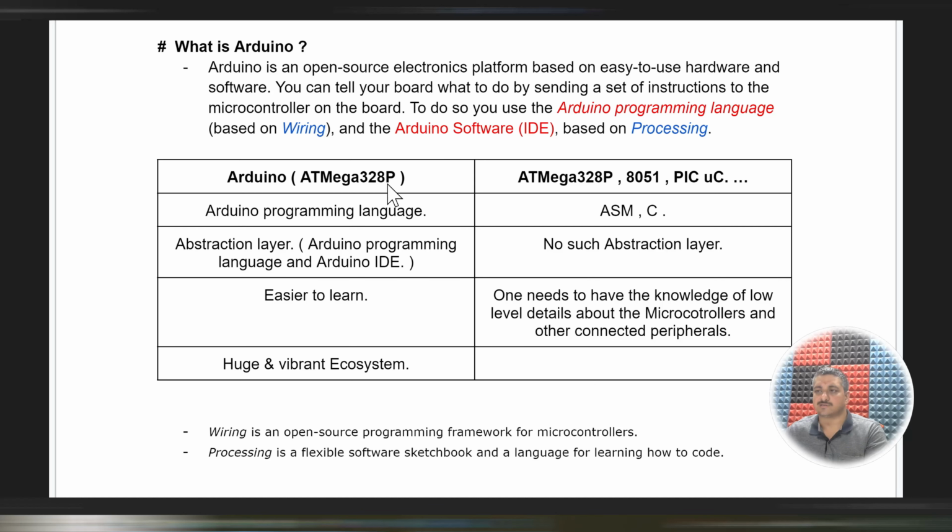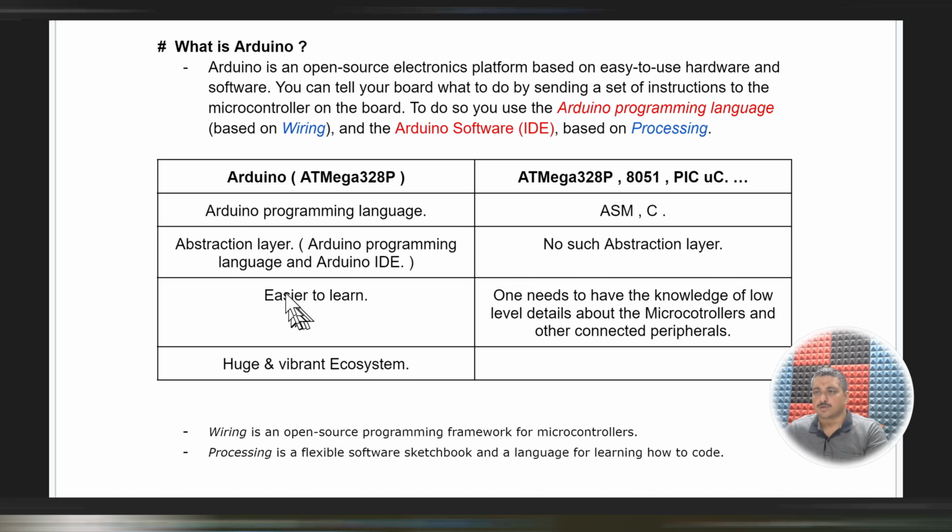Now Atmel is procured by Microchip Technologies. And in the right hand column I have written Atmega 328P processor, which is by Atmel or Microchip Technologies, then 8051 by Intel, and PIC microcontroller by again Microchip Technologies.